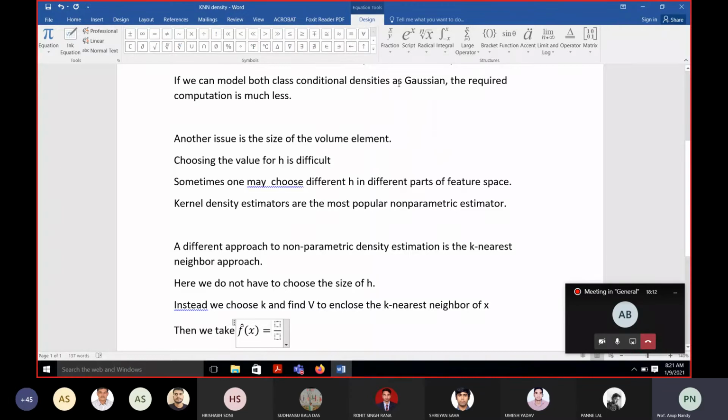F at X, or simply you can write this as P hat, is the estimated density function. Now you have to choose K in such a way as to find the V to enclose these K nearest neighbors of X, and we take the same formula, that is K over N times V.